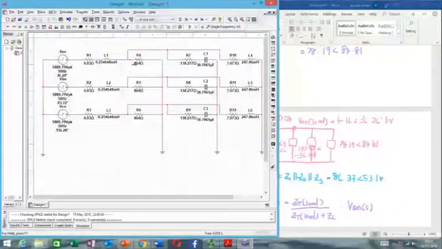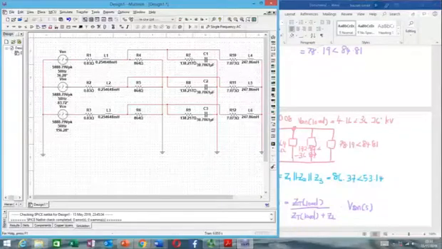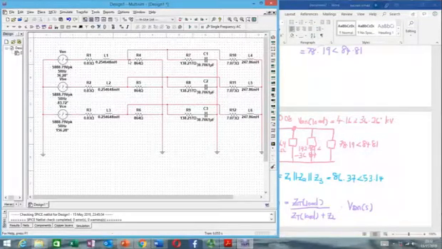Okay, and then the connection from load 1 to load 2 will be like this. Okay, so this is actually in parallel. Yeah, basically in parallel. This load 1 is in parallel with load 2 and in parallel with load 3 in one phase. Okay.